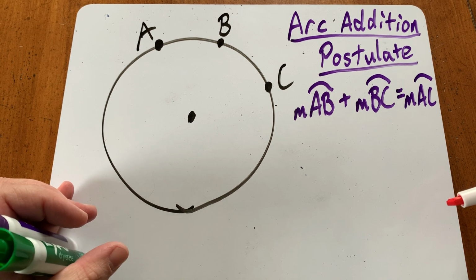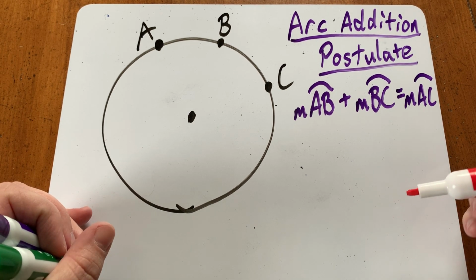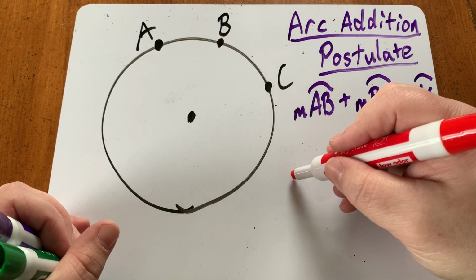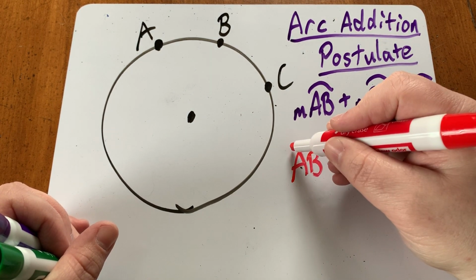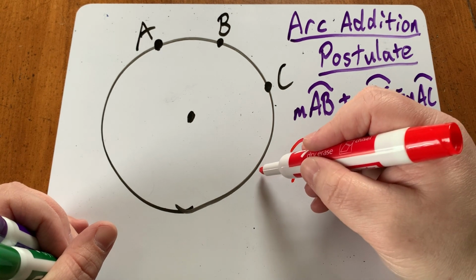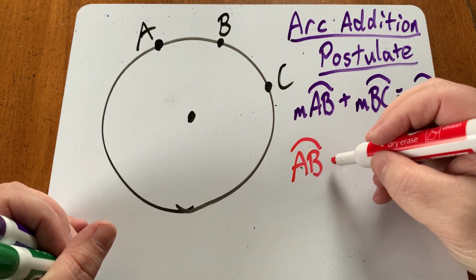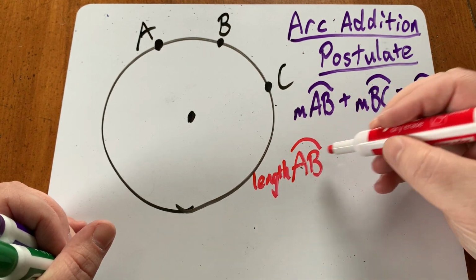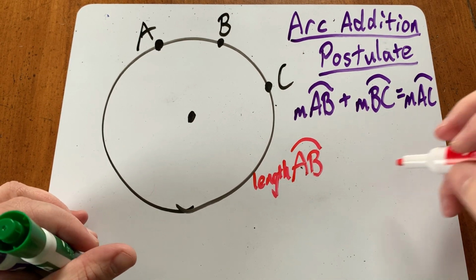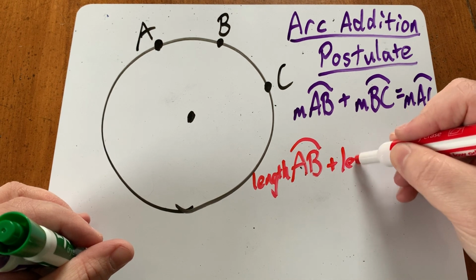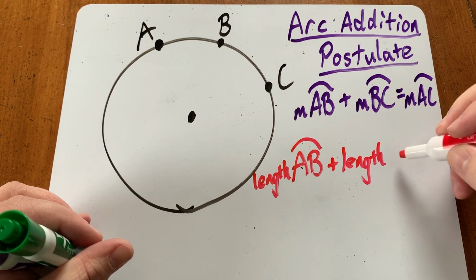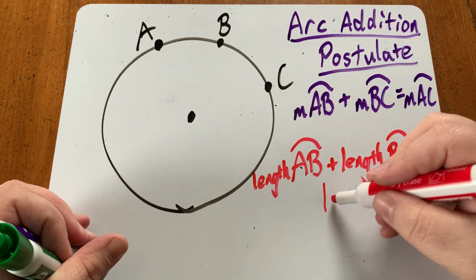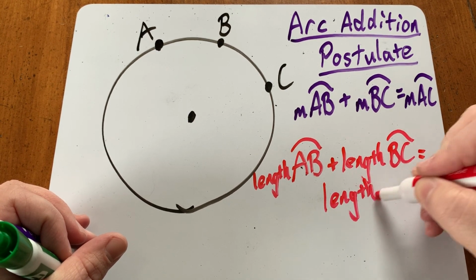But for our intents and purposes, if we want to talk about the length of these arcs, technically, it would be the length of arc AB plus the length of arc BC would equal the length of arc AC.